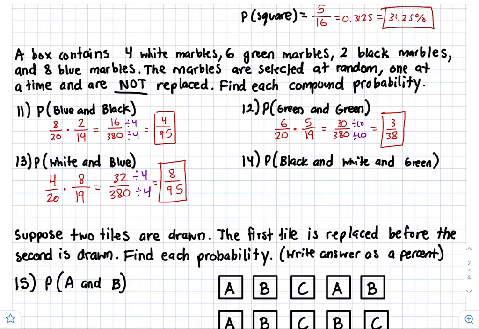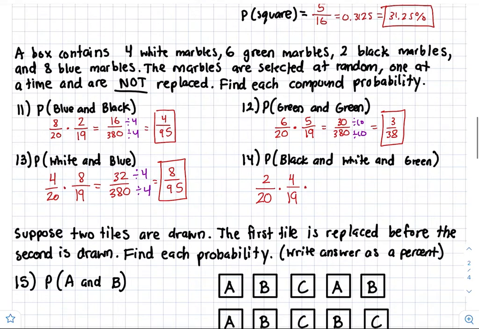Probability of getting a black one is 2 out of 20. Then the probability of getting a white one, it's 4 out of, so we already took a black one out, so now it's 19. And the probability of getting a green one, you guys, 6. And now you already took 2 marbles out because it's not replaced, 18. So 2 times 4 times 6, you guys, that's 48, all over 20 times 19 times 18, 6,840.